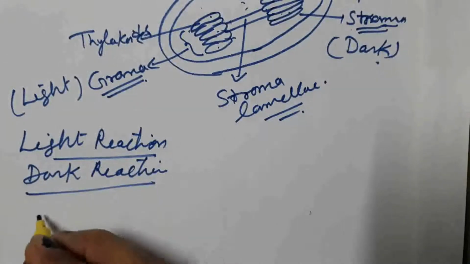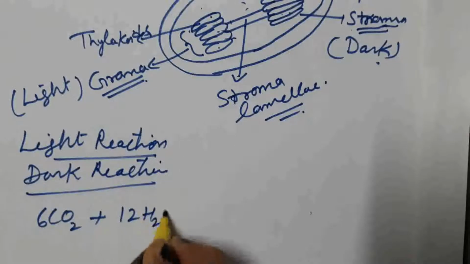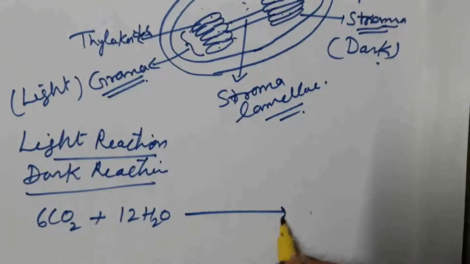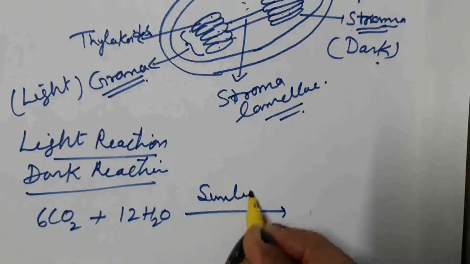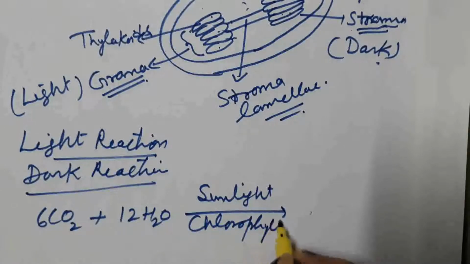This is the equation of photosynthesis, in which CO2 and water combine together in the presence of sunlight and chlorophyll.